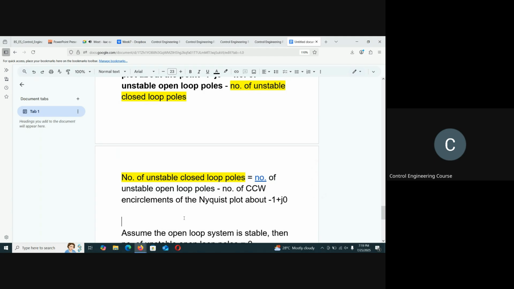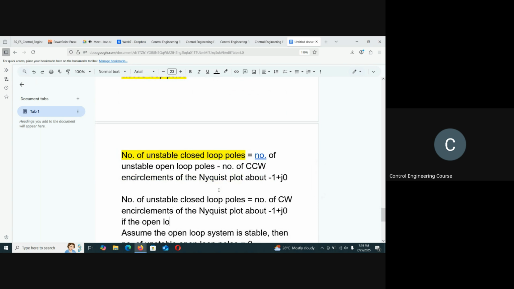And hence, the number of unstable closed loop poles is equal to the number of clockwise encirclements, because negative will become positive, right? When you change direction. Equal to the number of clockwise encirclements of the Nyquist plot about -1 plus J0, when the open loop system is known to be stable.